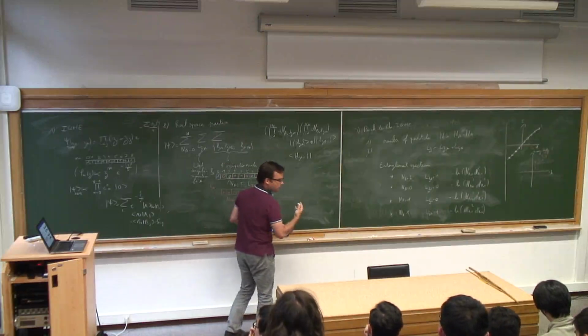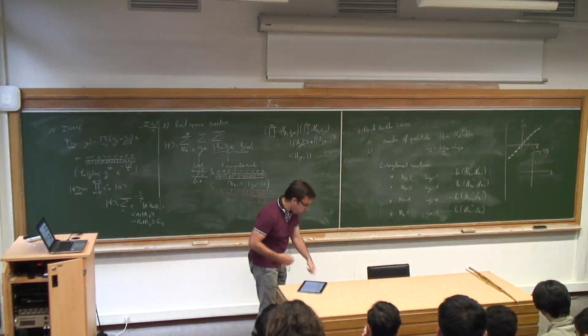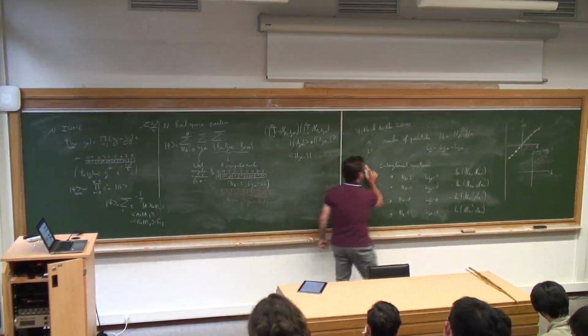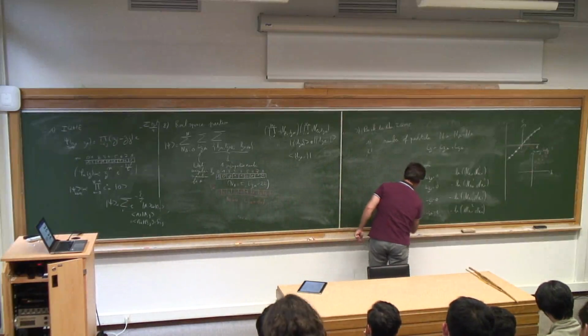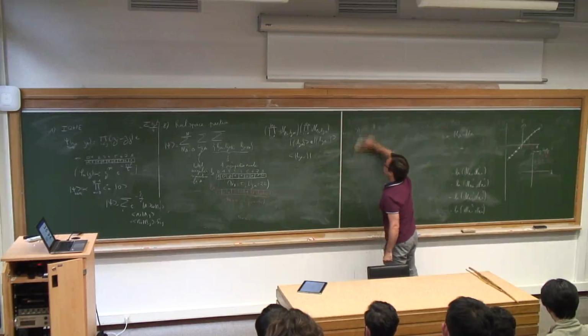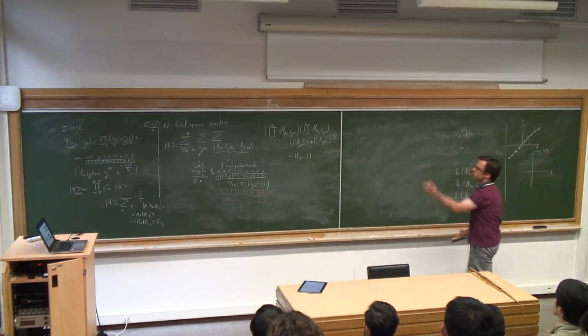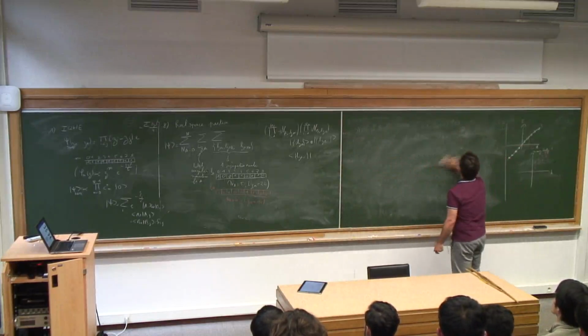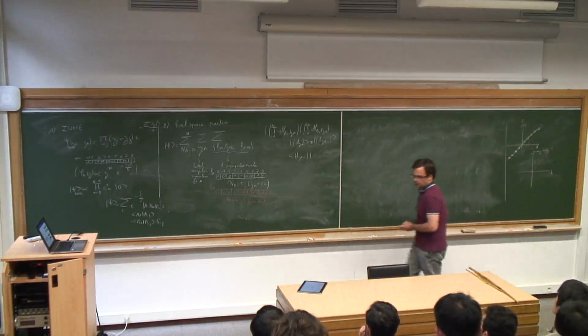Good. So let's now focus on a particular sector of the entanglement spectrum. We have all the eigenvalues of the reduced density matrix. You can just read them out from the Schmidt decomposition.